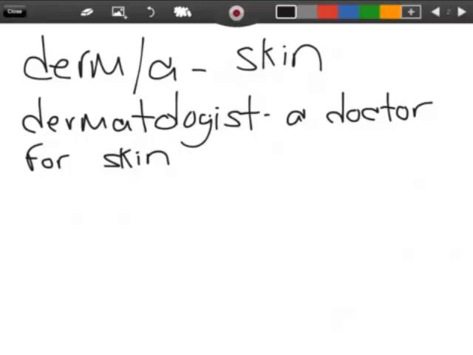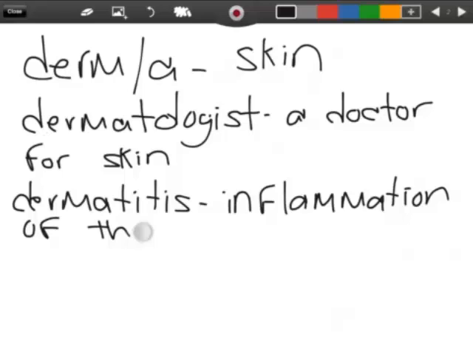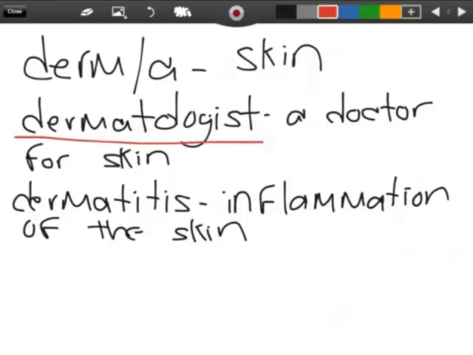And our second example is dermatitis. Dermatitis, meaning inflammation of the skin.